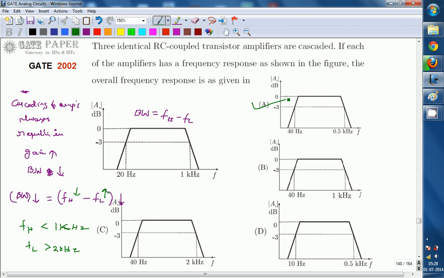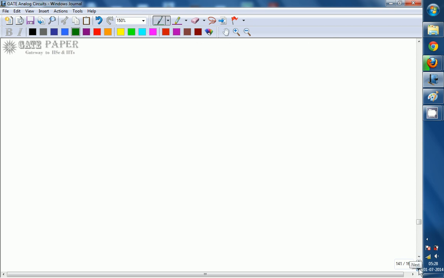Now we will go with exact equations. How do we calculate the lower and upper cutoff frequencies if identical amplifiers are cascaded? Let FL be the lower cutoff frequency of an individual amplifier and FH the upper cutoff frequency of an individual amplifier, with all amplifiers of identical type.